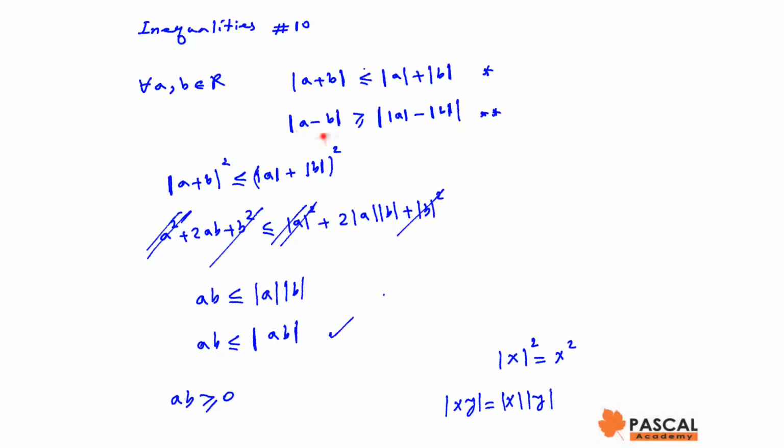Although we can prove the other inequality by squaring both sides, we use another method to show that. We know absolute value of a is equal to absolute value of a plus b minus a.